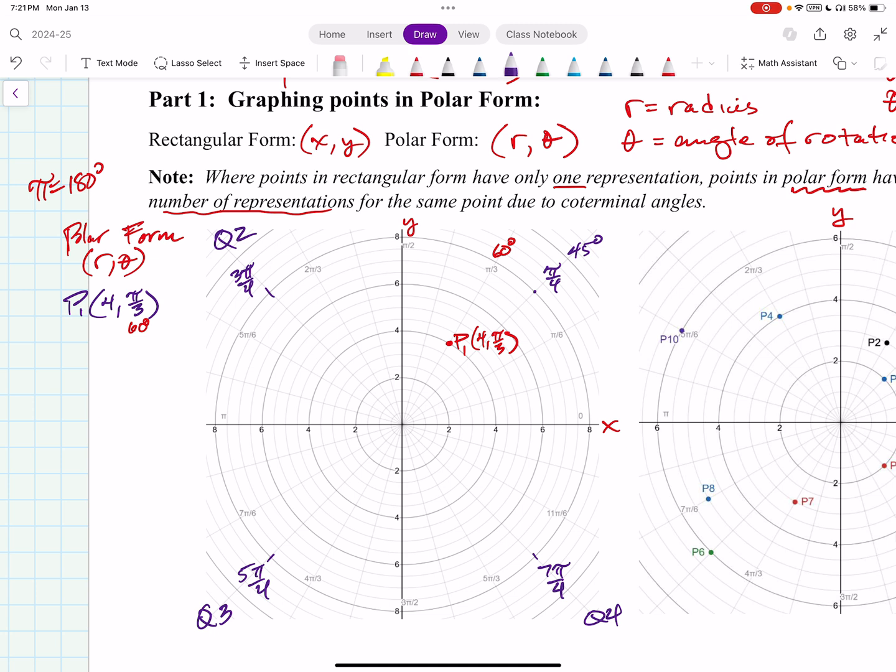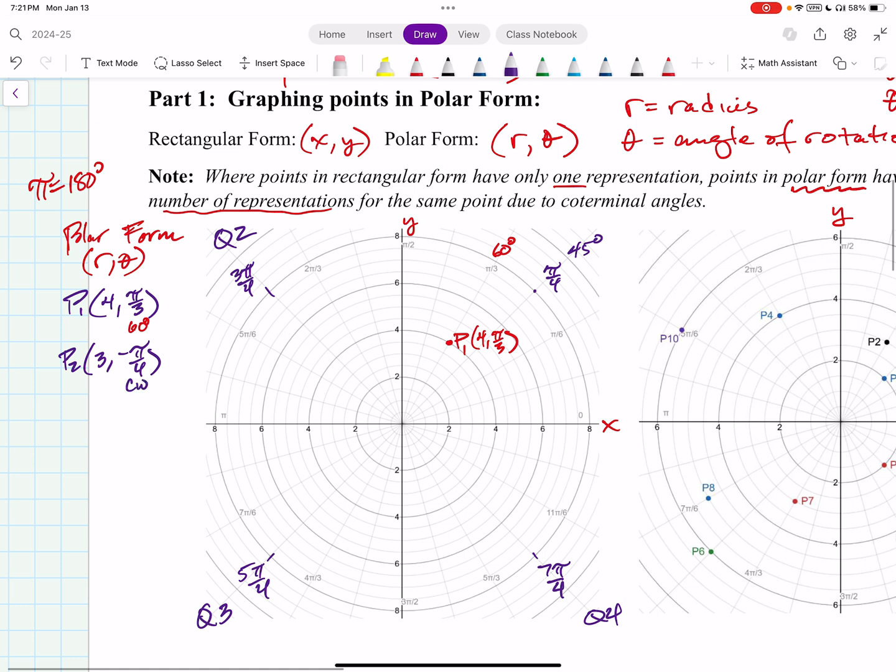So let's try that. P2, our second point here, is 3 comma negative pi fourths. Let's try that. The radius is 3 and the angle is negative pi fourths. When you graph a negative angle, as you know, it's clockwise, whereas the other one was counterclockwise.